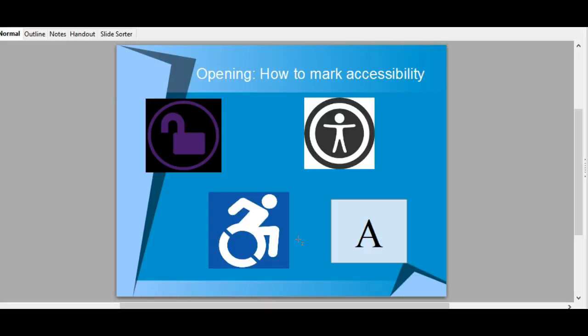Actually, they're all fairly good, but my most favorite is the little person in the circle standing and just looking completely quote unquote normal. And also I really like the capital A for access. However, that is not going to work in all languages.